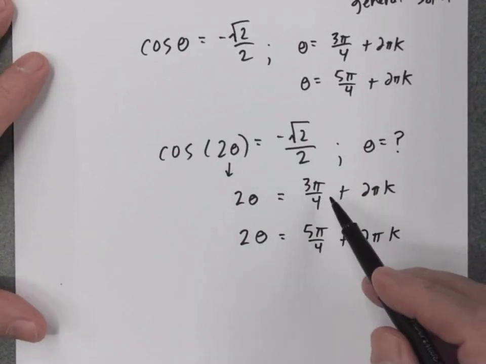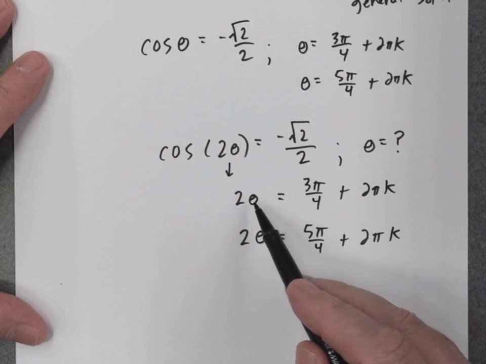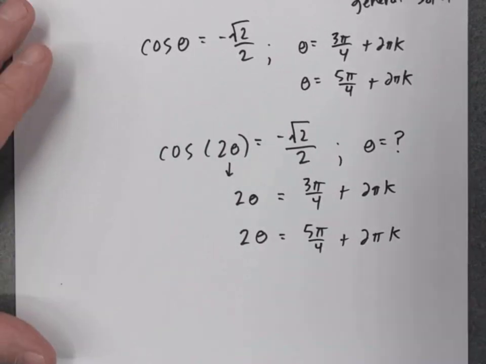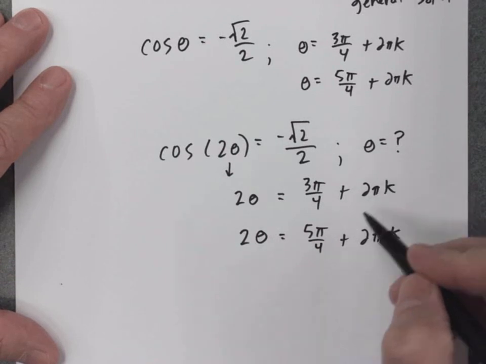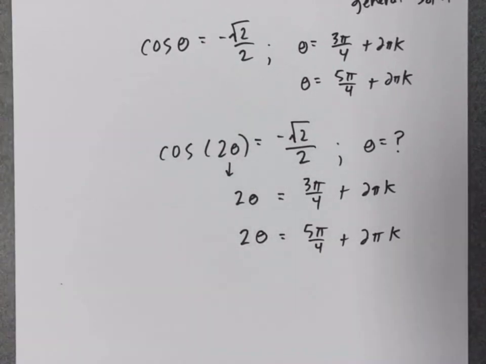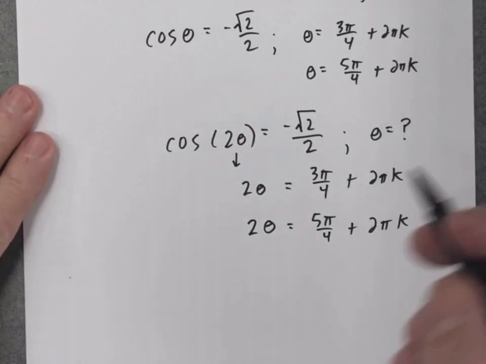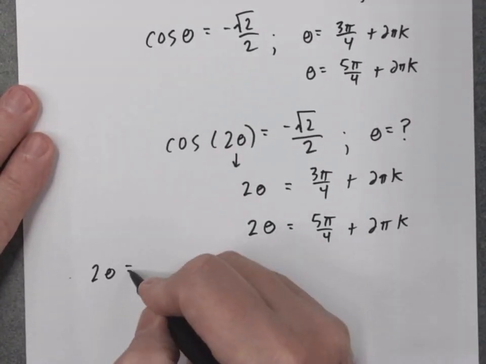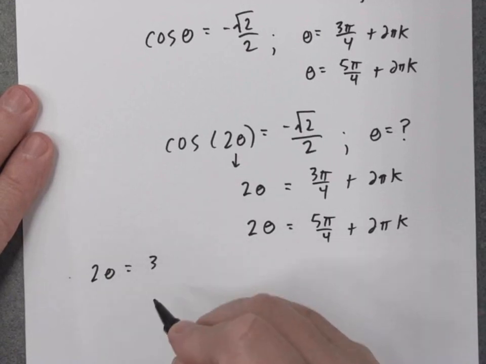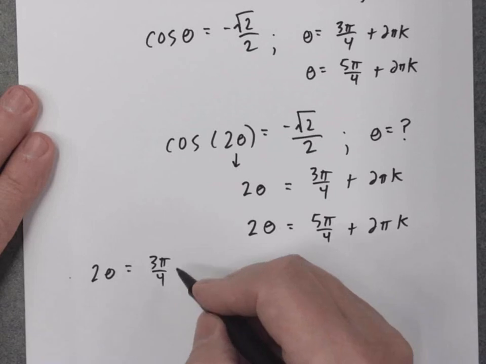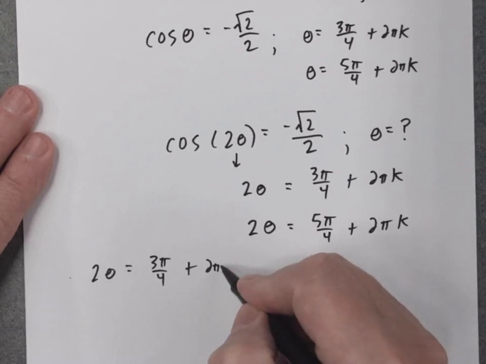I have these two equations. Of course, right now, it's 2 theta. So for this equation and this equation, I need to divide. Let's just do it like this so it's clear. The first solution is 3 pi over 4 plus 2 pi k.